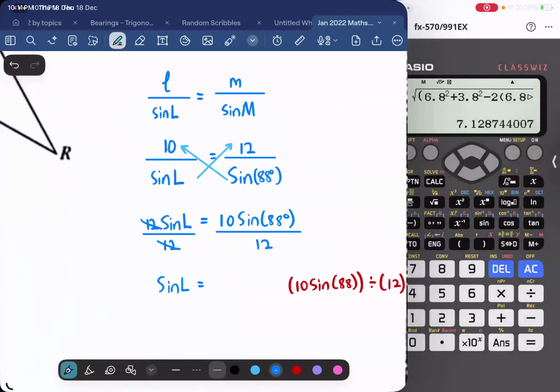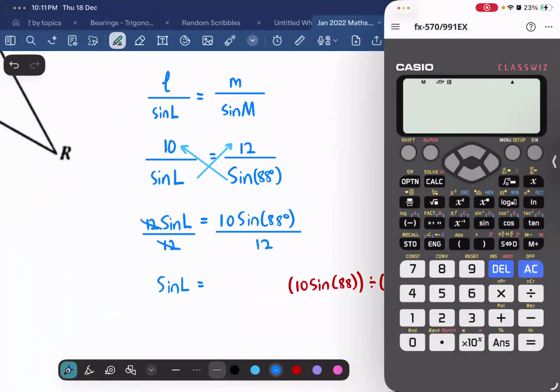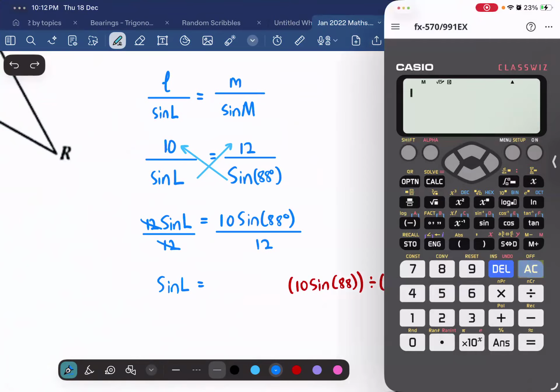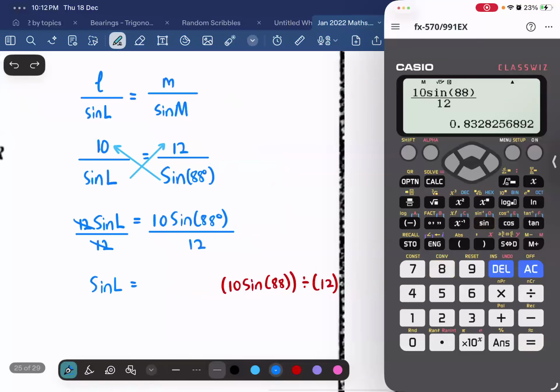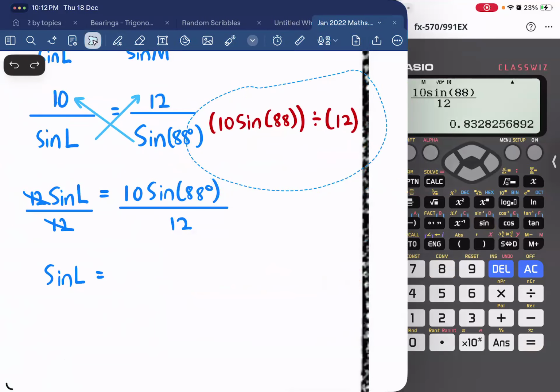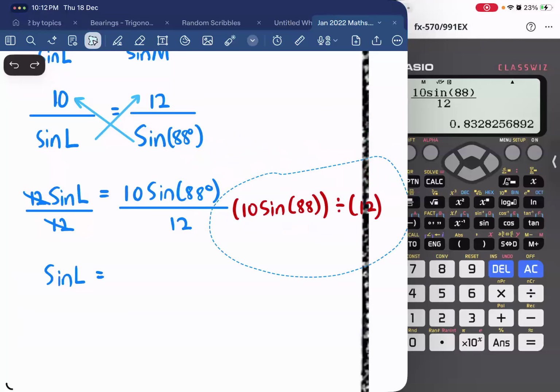If you're doing something like this, where you're not calculating it one time, I would advise you to write the full thing over here. Or you could store it, but this is the easiest thing to do right now. So 10 sine 88 all over 12. You're going to write the full thing. You don't want to end up with rounding errors.